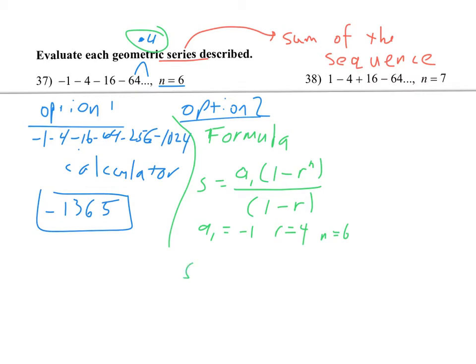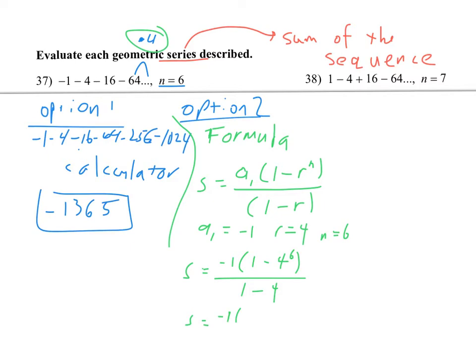And so if I just plug that all in here, I'm going to get -1 times 1 minus 4 to the power of 6 over 1 minus 4. And so let's see, we could simplify that a little bit. So I'm going to say -1, and then I would do this in the calculator.